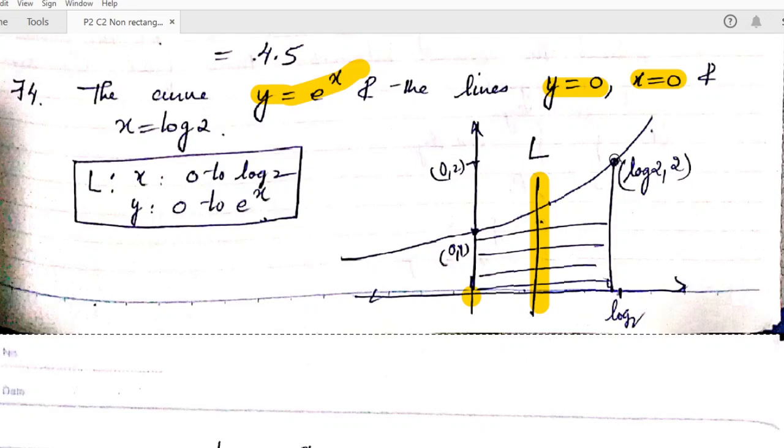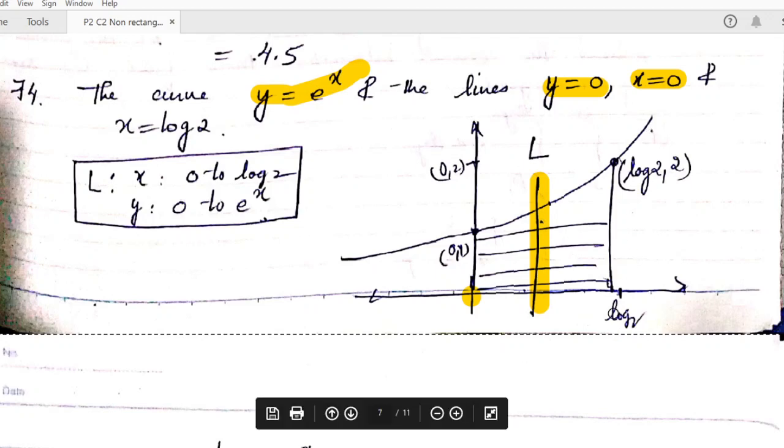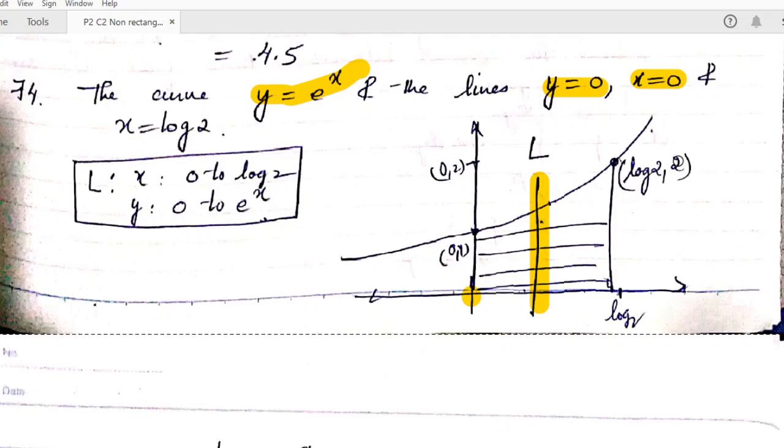And here we can see that this is the intersection of this line and this curve. This curve is e raised to x. In that, put x equal to log 2. When you put x equal to log 2 in the equation e raised to x, we get the value of y as 2. So this point is (log 2, 2).